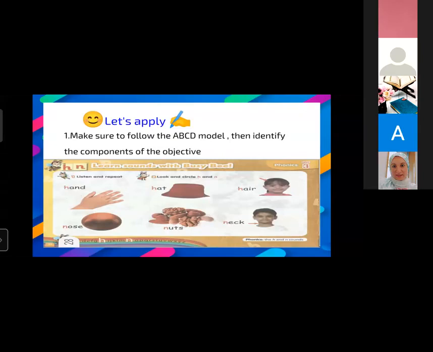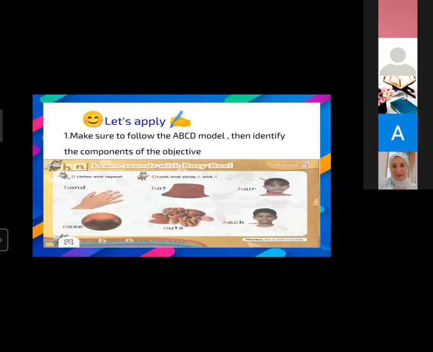And make sure to follow the ABCD model to identify the behavior, the action verb you choose, the conditions and the materials, and of course, the degree of the objective.